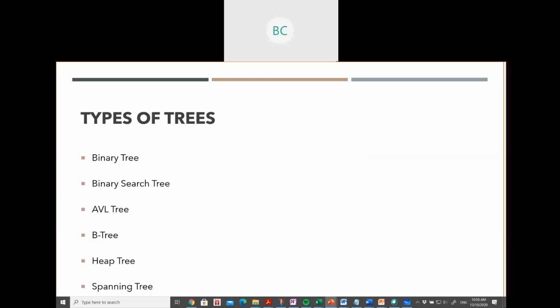Clear? So the advantage is that we can quickly access any data from the tree. But in a linear data structure, we have to go sequentially. So the time complexity for searching an element becomes half here. Is it clear to everyone?